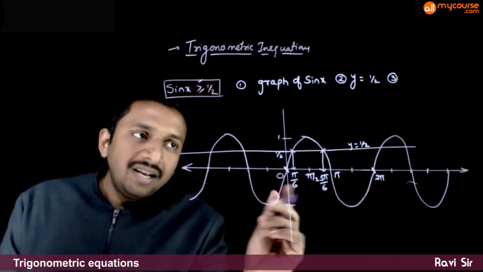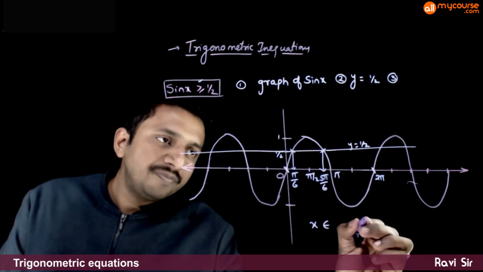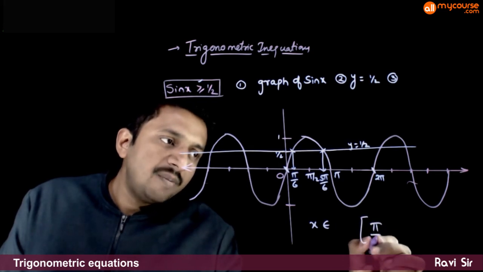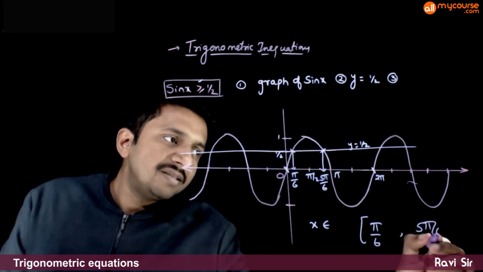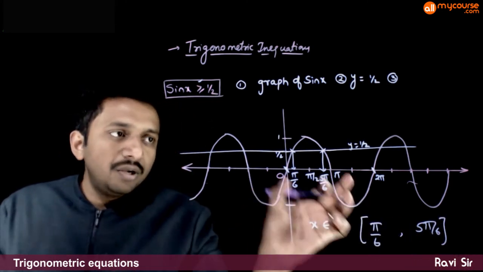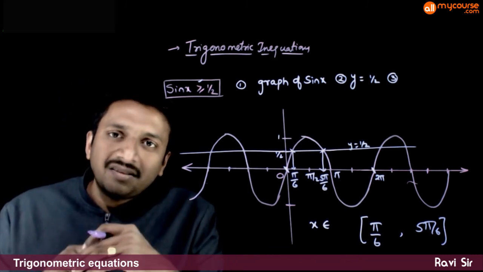So in one cycle, if I solve this inequality, x belongs to the closed interval pi by 6, because you have an equality here, to 5 pi by 6. So this is the solution in one cycle. Now what is the solution in the next cycle?